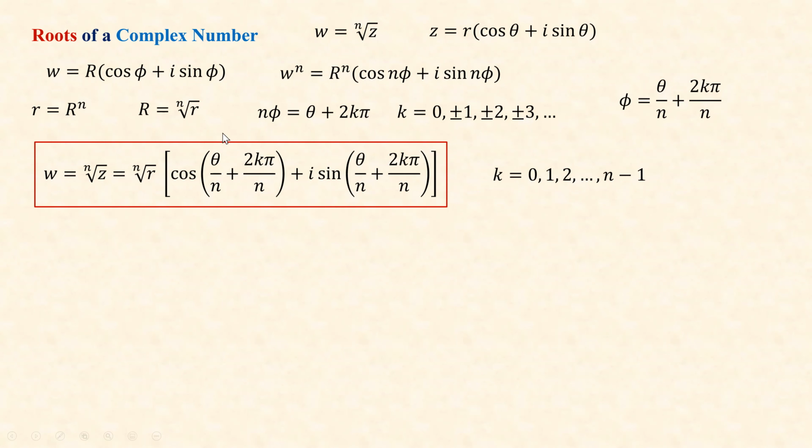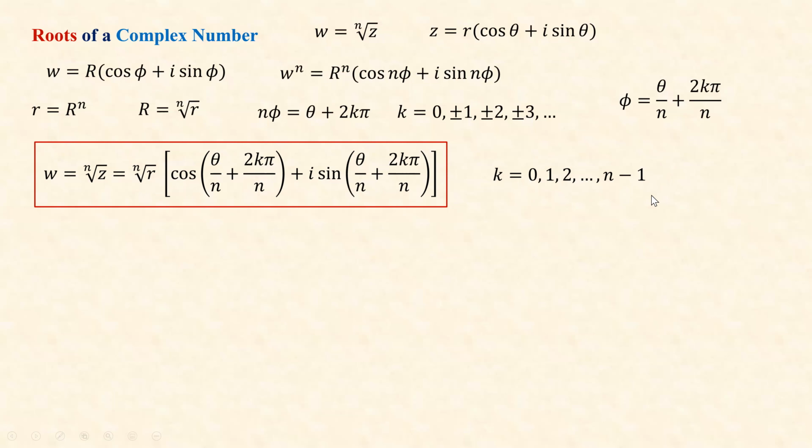So we have this formula. If w is an nth root of z, and z is r cosine theta plus i sine theta, then w has a modulus of the nth root of r and has argument theta over n plus 2k pi over n, where k goes from 0 to n minus 1.